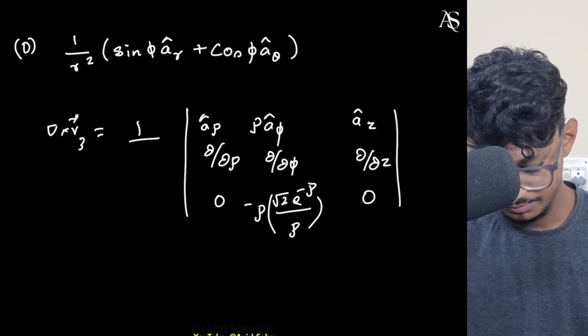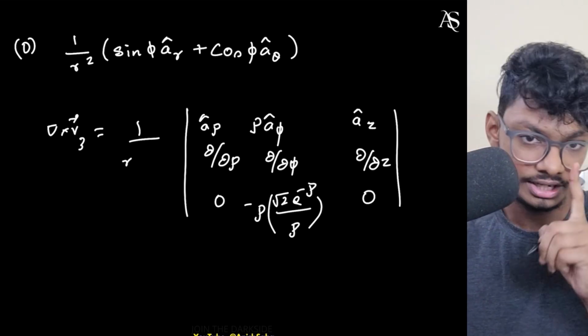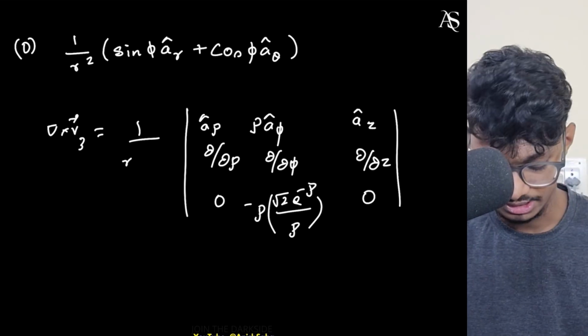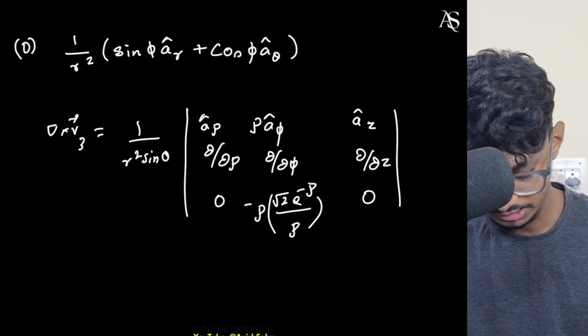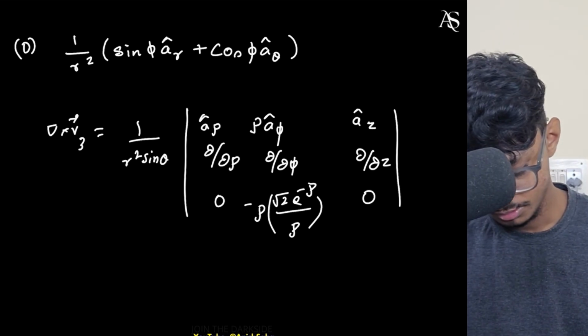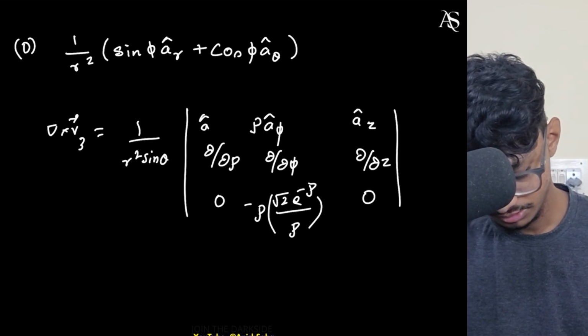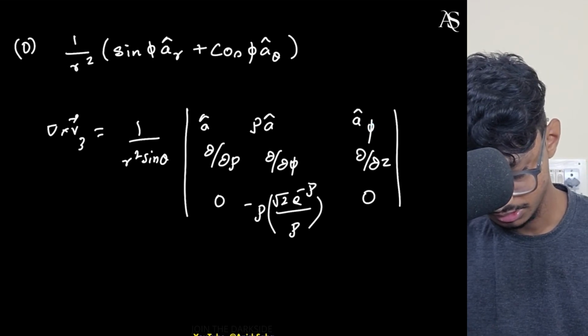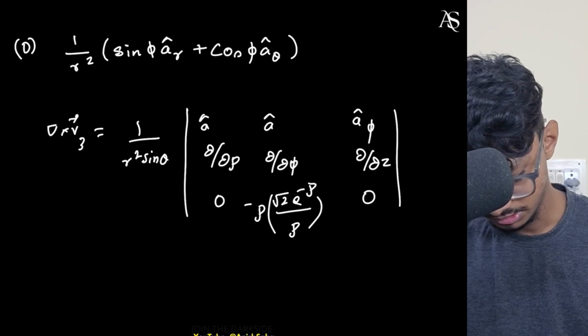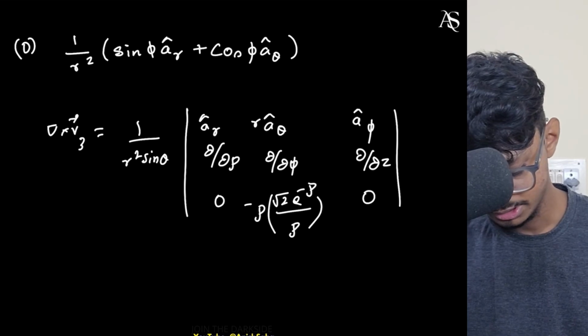So this will be simply r square sine theta, because h1 is 1, h2 is r, and h3 is r sine theta. So this will be r square sine theta. So this will change actually. This will be r and theta, this will be ar, this will be r sine theta.